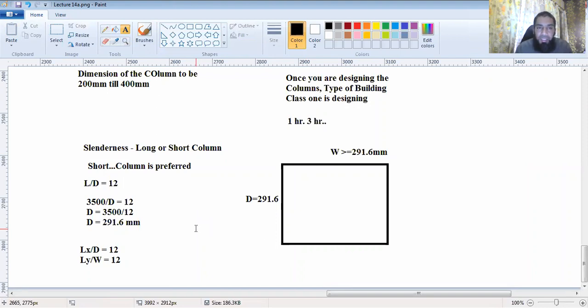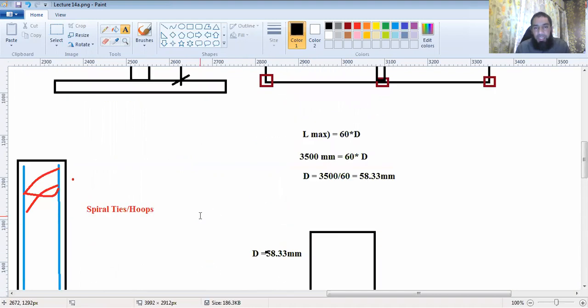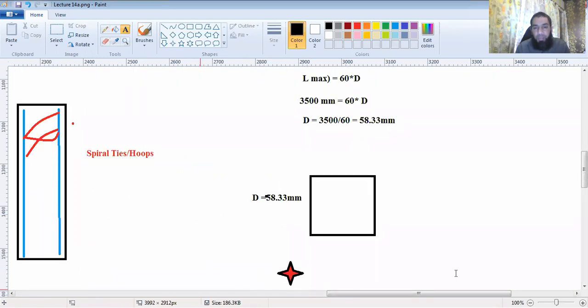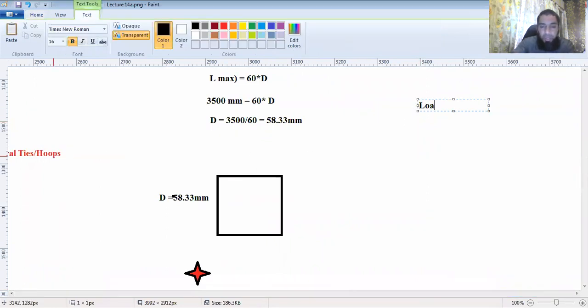So this is the third thing, depending upon whether you prefer it to be a short column or somewhere in between a long or a short column. Then the fourth thing would be dependent on the load itself, which is P.